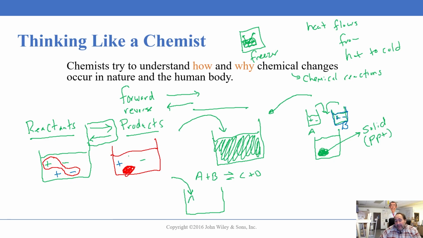We would actually see a lot of A and B guys going to C and D. We would also, if we were able to look in there, be able to see some of the C and D going backwards and going to A and B.